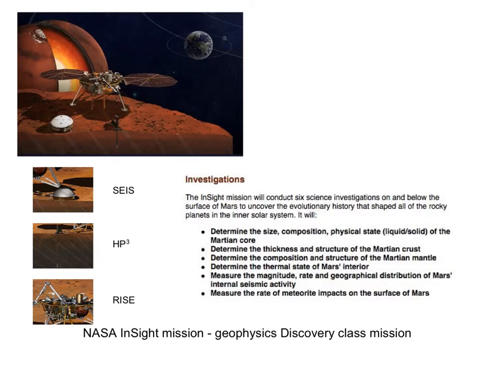So the idea is to take a temperature probe and use a pneumatic hammer approach to force that temperature probe about 5 meters down, about 15 feet down into the surface of Mars in the place where InSight lands. That would allow the temperature probe to measure the flux of heat coming from deep below up to the surface.